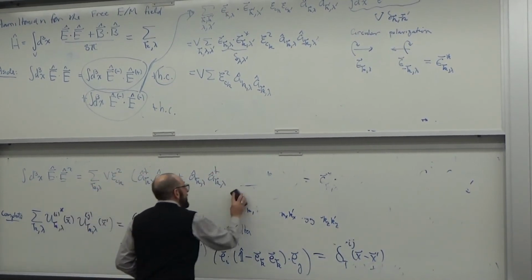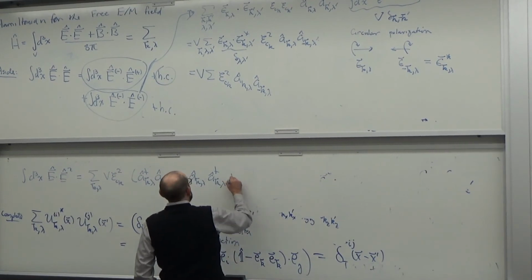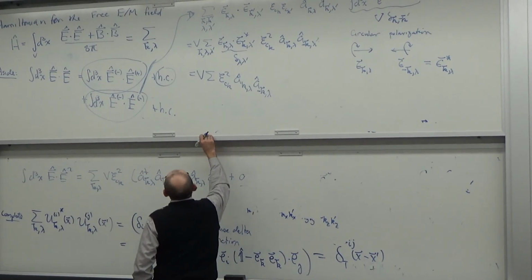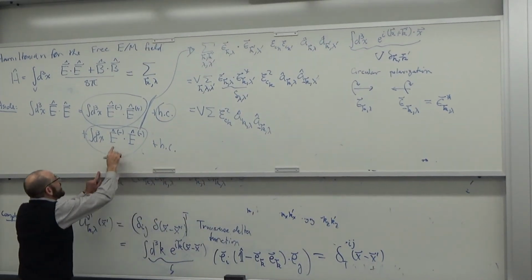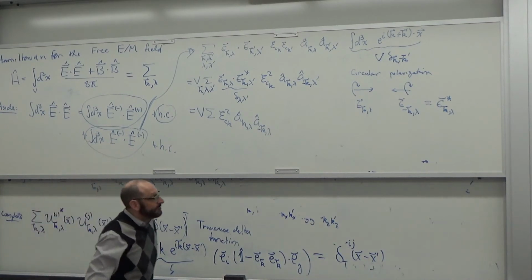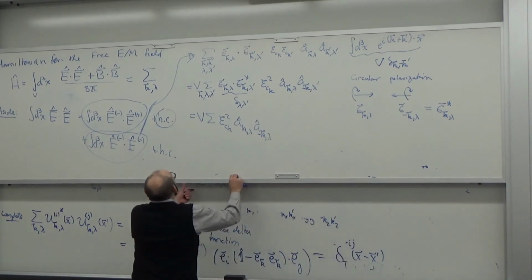And then we have, plus, there's a tiny thing here. I have this times this. There's an i squared here.